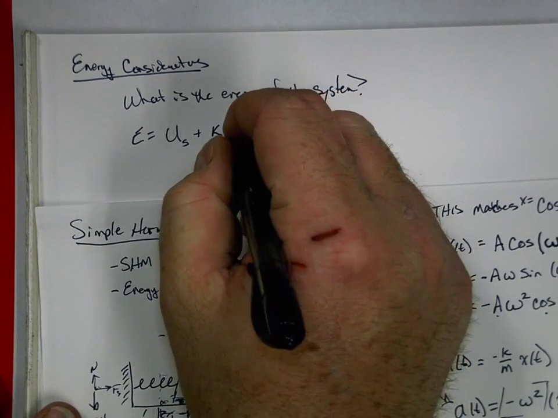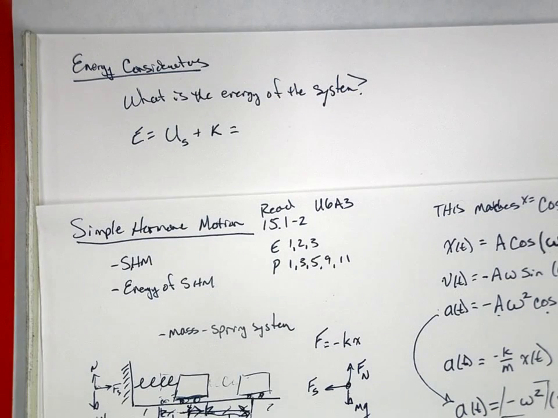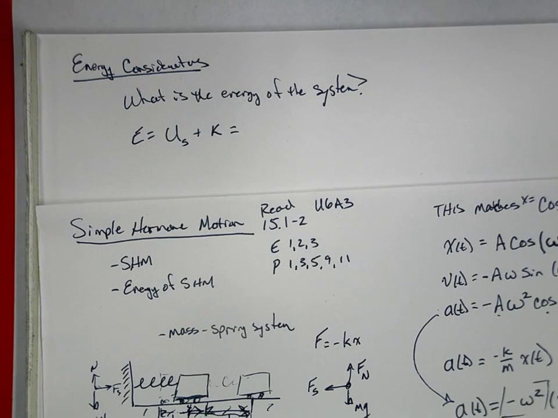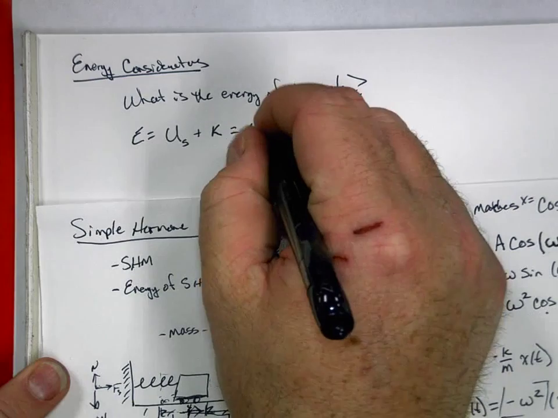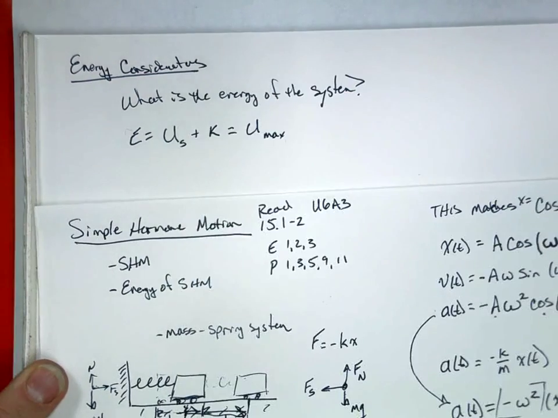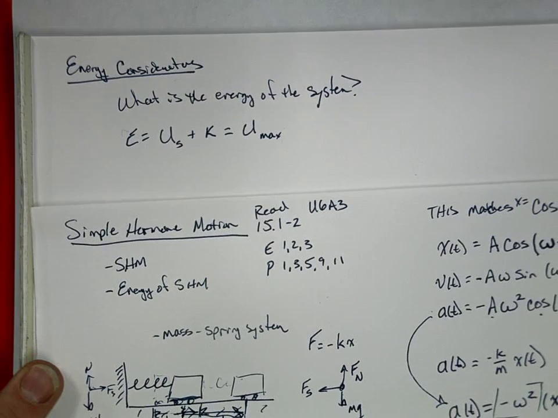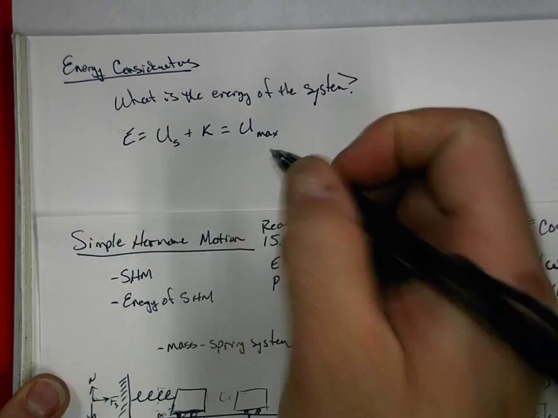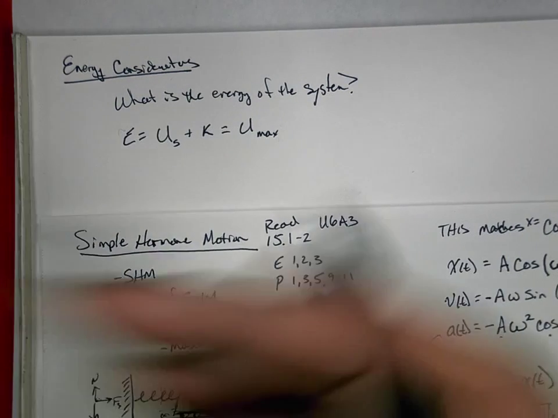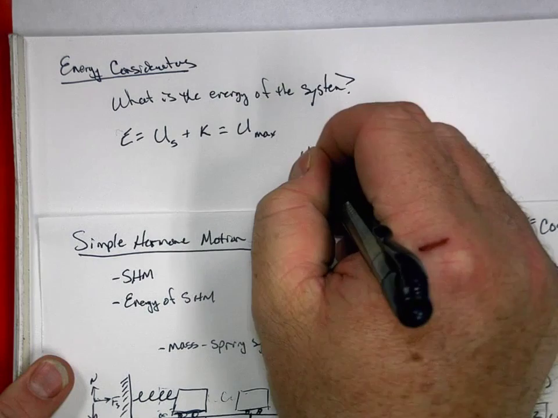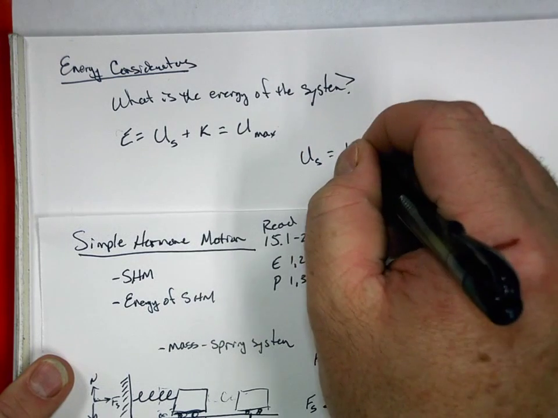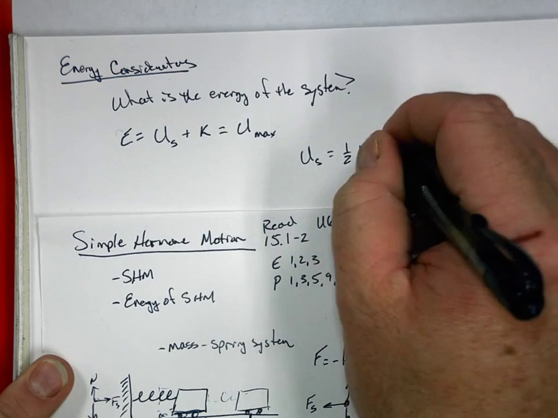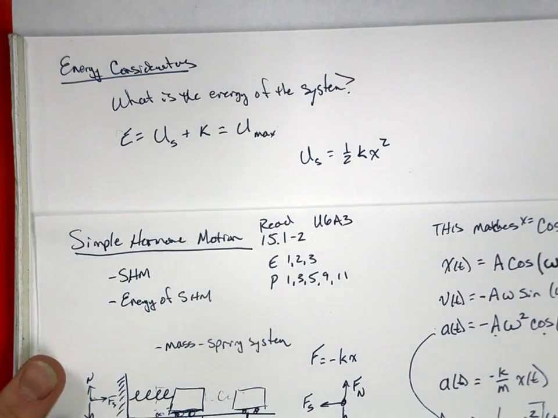And we know that once we let this thing go, the maximum kinetic energy, the maximum energy it could have at any time, is equal to the maximum potential. And the stored energy of a spring is equal to one half kx squared.